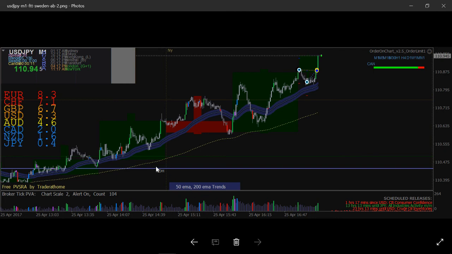So what happened here? Here is a very good example where I prevented losses and I lost almost nothing. Actually, I think I lost 0.1 pips here, or not even, because it broke even here, right? Almost.